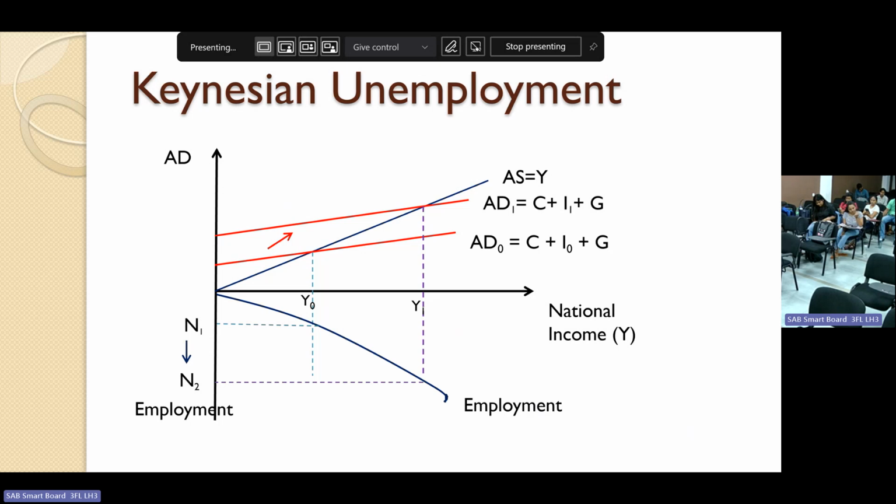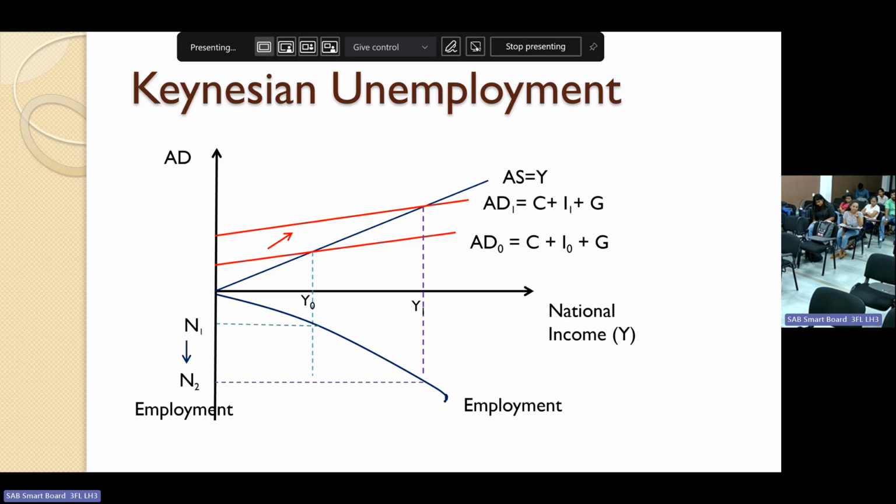Likewise, Keynesian unemployment is associated with the deficiency of demand. Keynes argued that if there is a deficiency of demand, that creates unemployment.